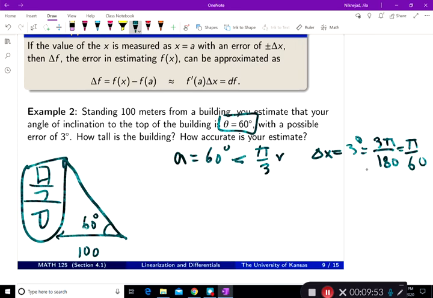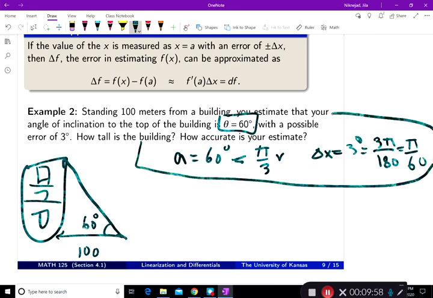Now that's the story told, right? So first of all, let's figure out how tall the building is at the approximated value. This is the height.